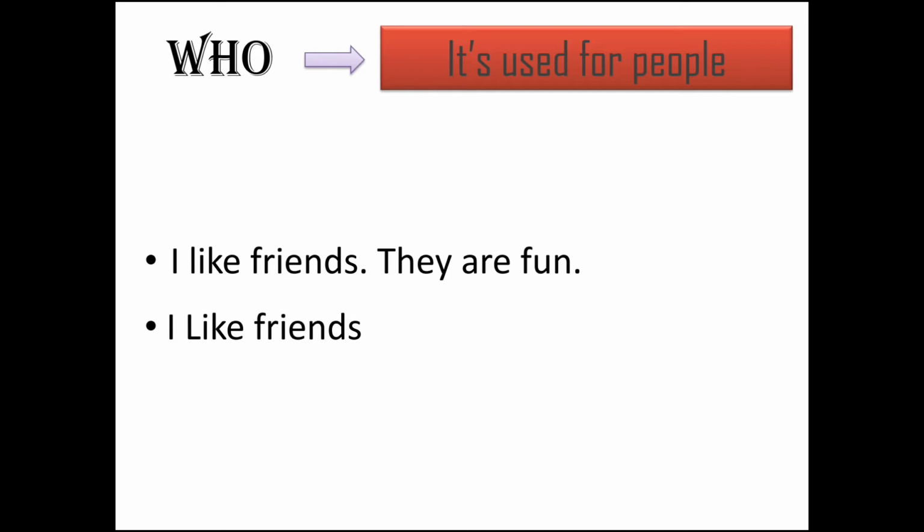So they, the subject, it refers to people. So we will replace they with who. So I like friends who or that are fun. So I like friends who are fun, or I like friends that are fun.